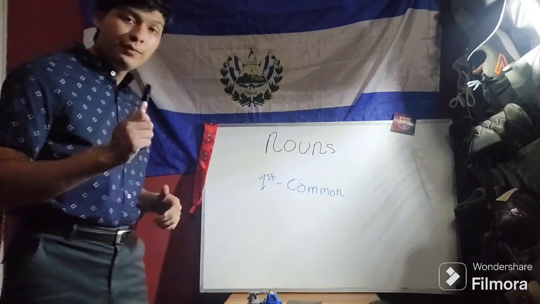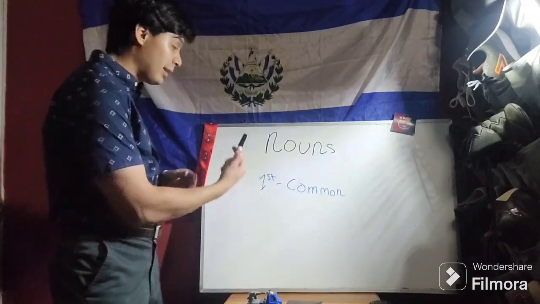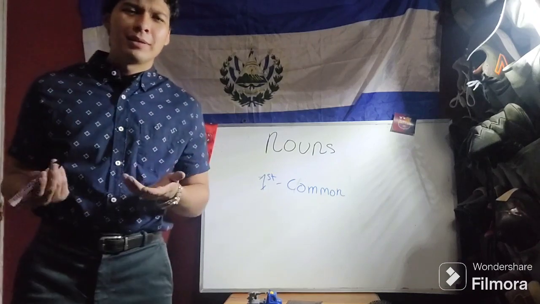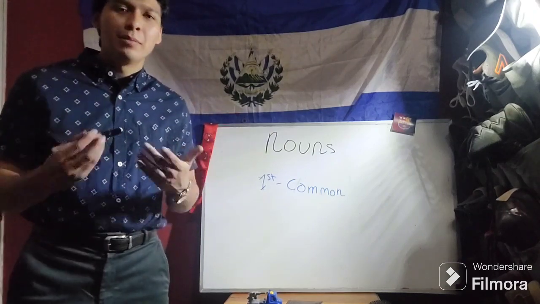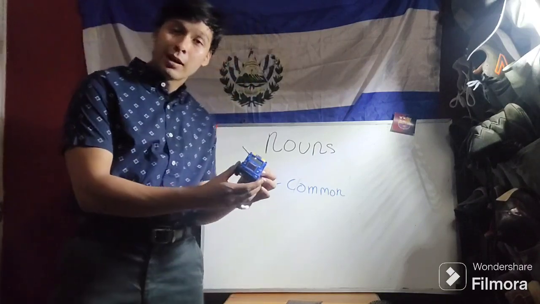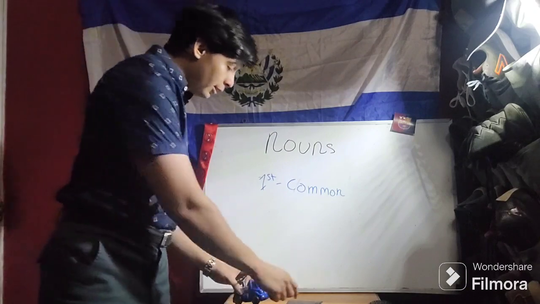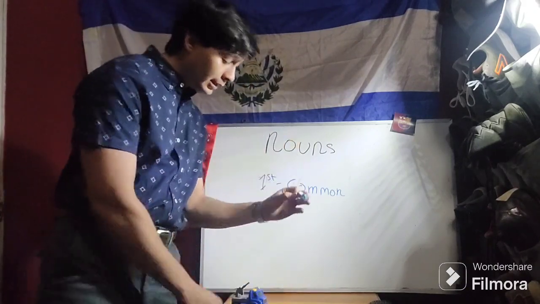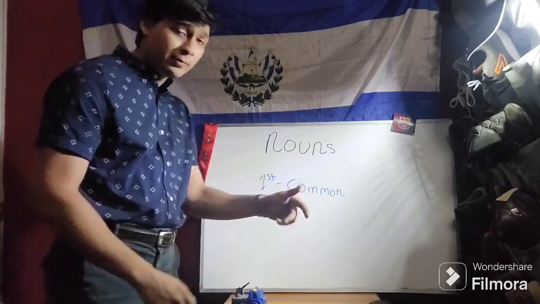The first classification of nouns is the common noun. So you might say, Rafa, what could be a common noun? Here I have a car. It could be a car, or even a wallet, a candy, and a watch.